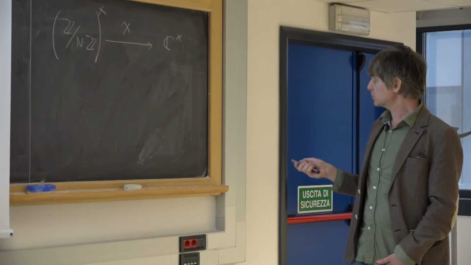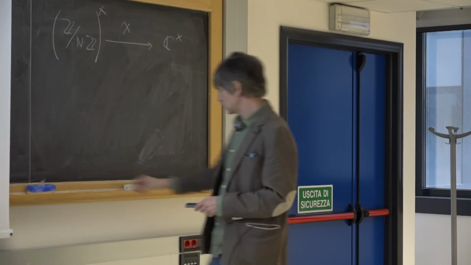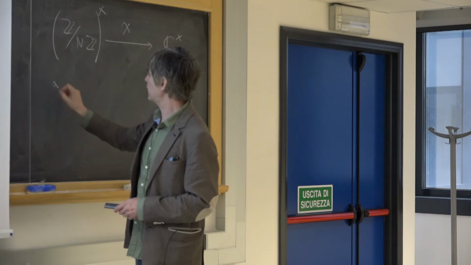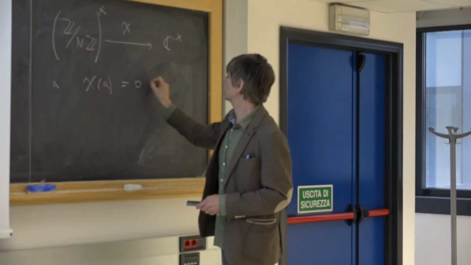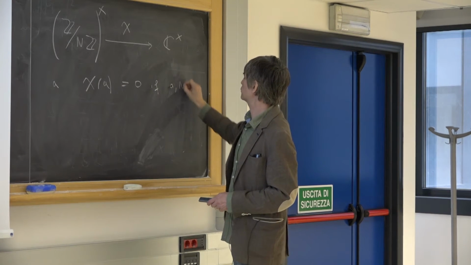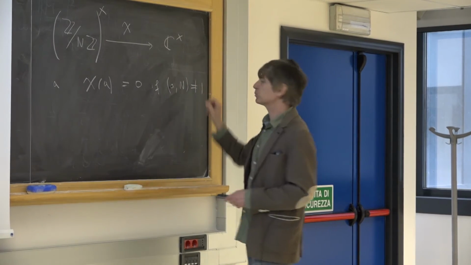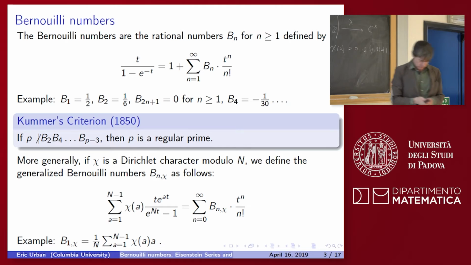So if you take such a character, then if you take an integer a, chi of a is going to be 0 if a is not prime to n, and otherwise it is just the value given by this character.